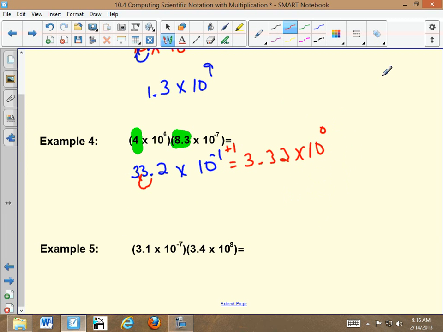Okay, now, I've already told you anything raised to the 0 power is 1. If you leave it like this on the test, I'll accept it. That's fine. So 10 to the 0 power is really what? What's 3.32 times 1?